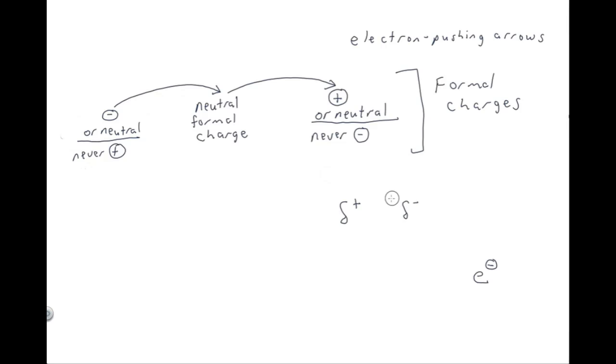I just want to mention right now that so far, we're not talking about delta charges. This framework is about formal charges. You should not be trying to apply this directly to delta charges. We'll talk more about how we can use delta charges later in these videos.